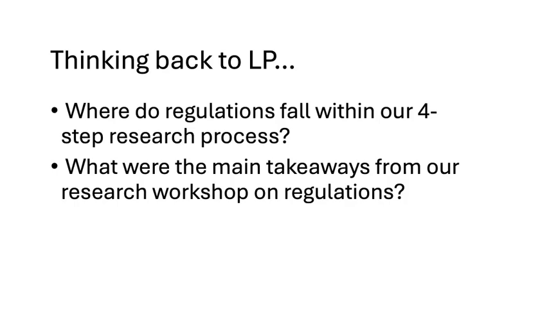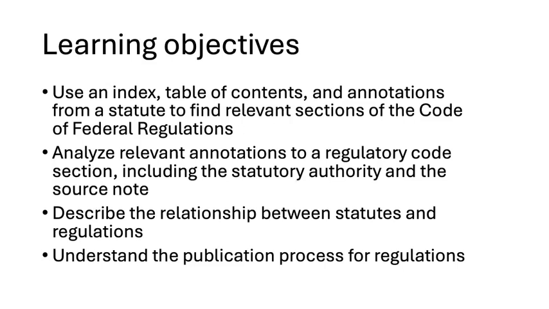So we're thinking back to that step three of our four-step process. What were the main takeaways from our research workshop on regulations? So again, if you'll recall some of those learning objectives, we talked about using an index, a table of contents, and our annotations within a statute to help us find relevant sections of the Code of Federal Regulations.